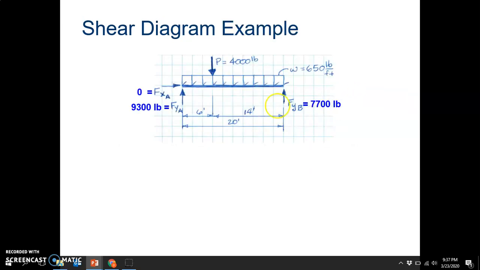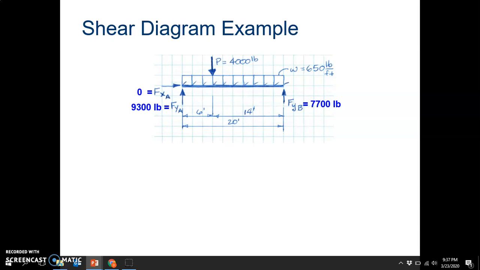I have a simple beam of 20 feet, and then I have a distributed load of 650 pounds per foot, as well as a point load right here. And I give you the reactionary forces right here. I could just as easily or just as commonly ask you to solve that.